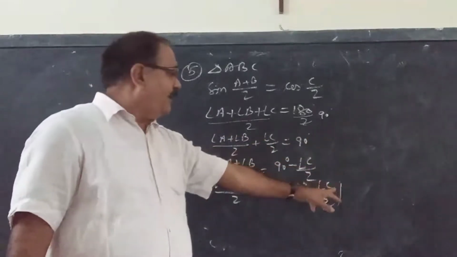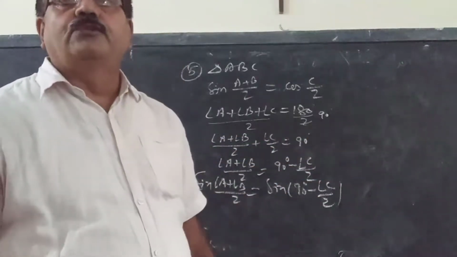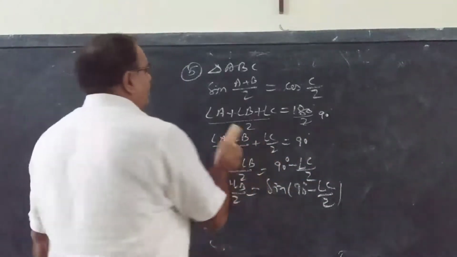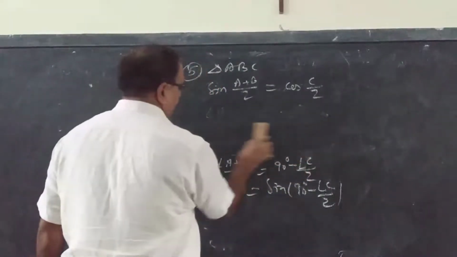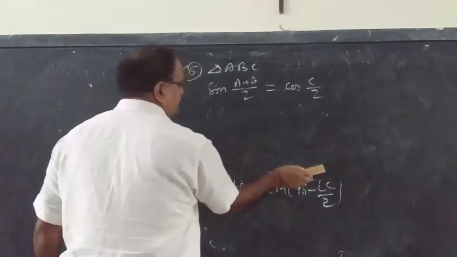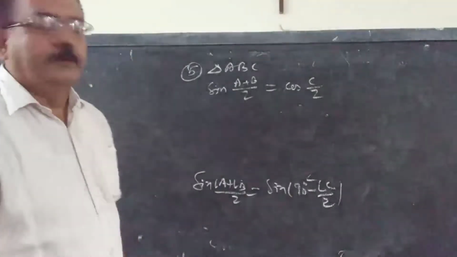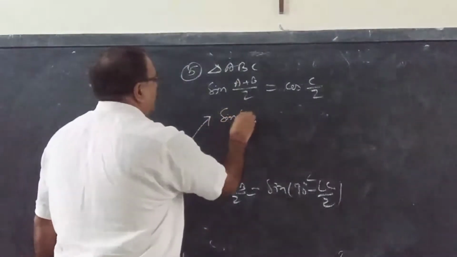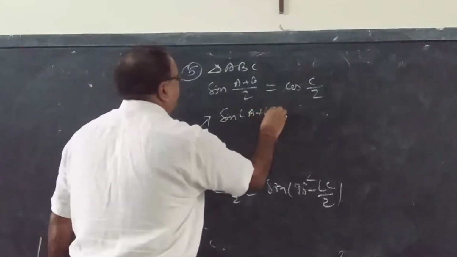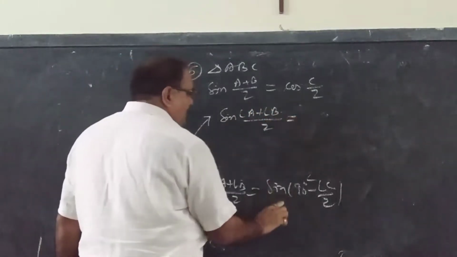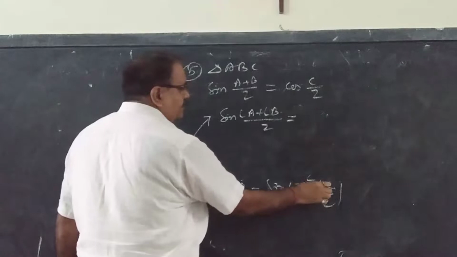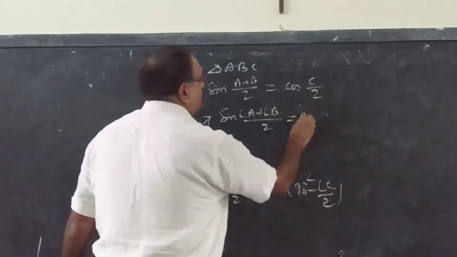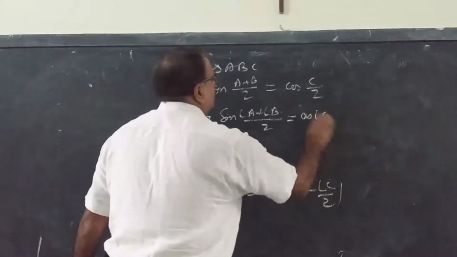In place of theta, there is angle C by 2. So what is the formula? Sin 90 minus theta becomes cos theta, so cos angle C by 2.